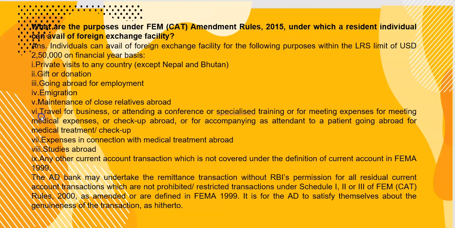Authorized dealers may undertake the remittance transaction without RBI permission for all residual current account transactions which are not prohibited, right? So RBI permission is not required where transactions are not prohibited as per RBI guidelines.